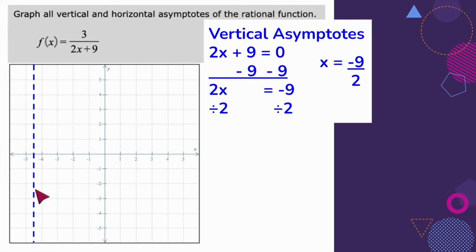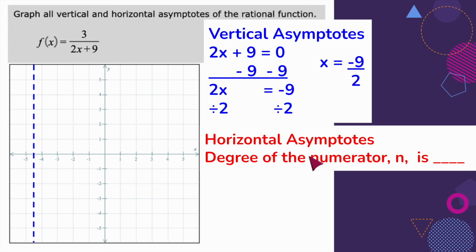So you can see this dotted line showed up, and a lot of the time the asymptotes show up as a dotted line. It's showing you this is kind of a limit for my graph when we do graph it. So this is a stopping point here. And then we have our horizontal asymptote. The degree of the numerator, n, is 0. At the top, there is no variable with an exponent, right?